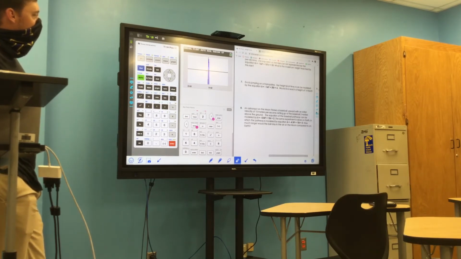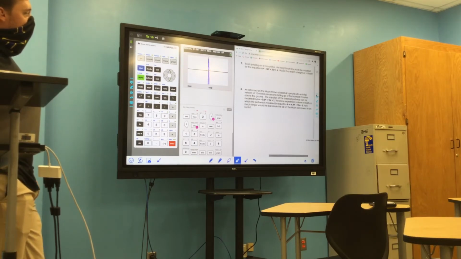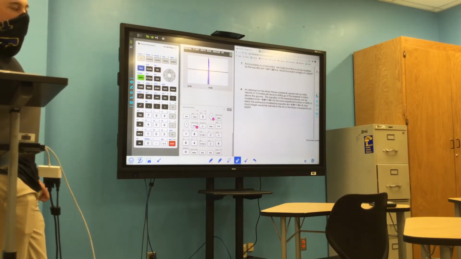So here's one. Eva is jumping on a trampoline. Her height and time can be modeled by this equation. Would Eva reach a height of 14 feet? This is number 7.